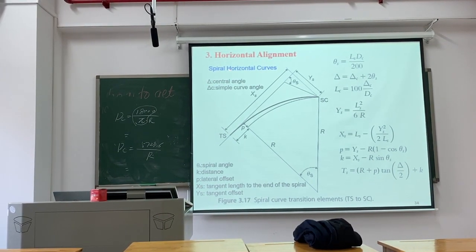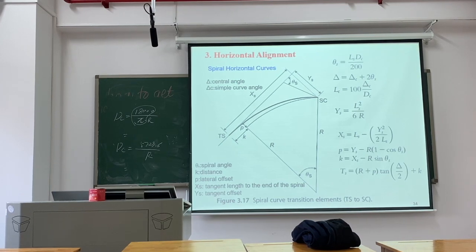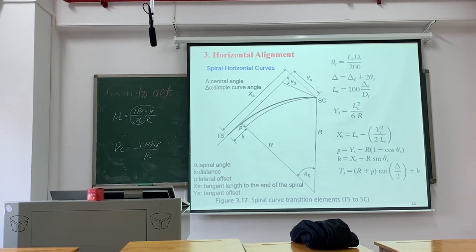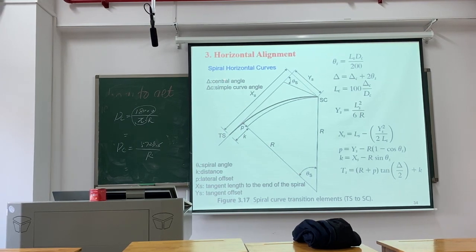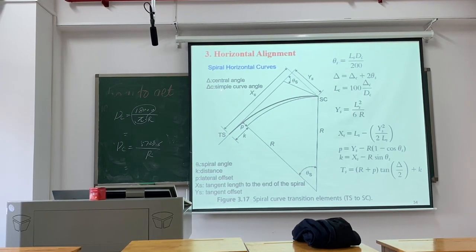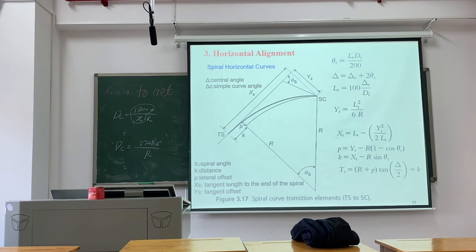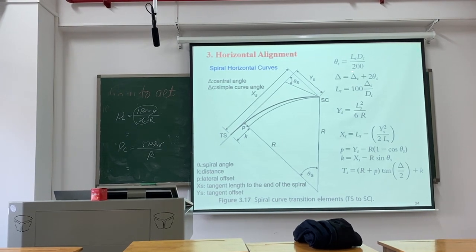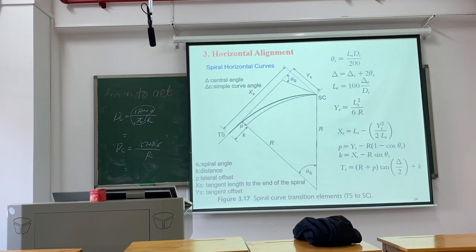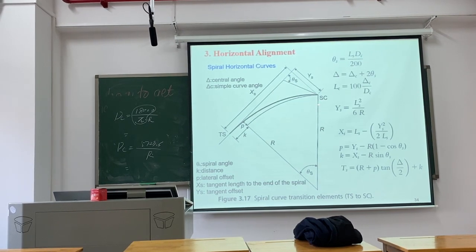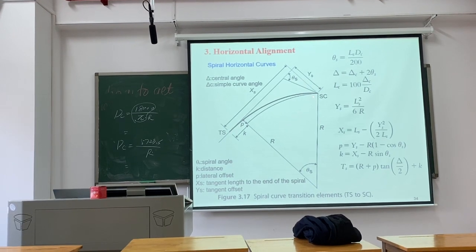Spiral horizontal curve, central angles. That central angle is the simple curve angle. We can use these formulas to calculate different parameters.